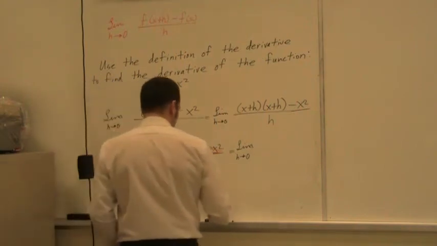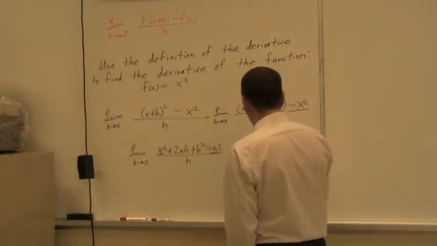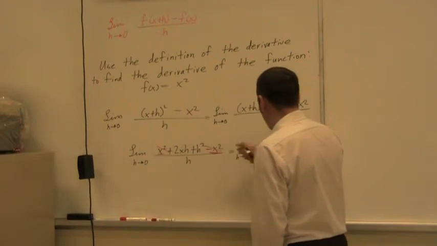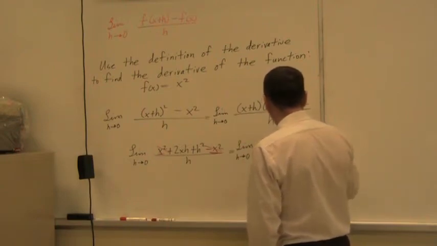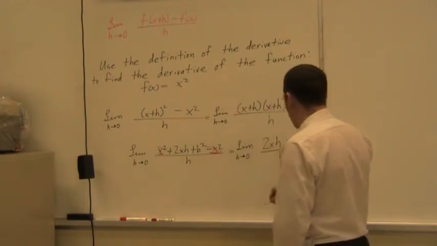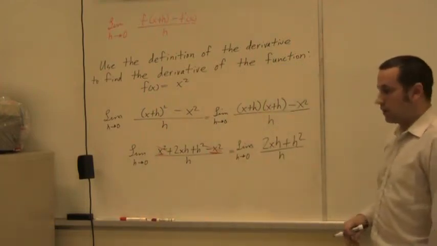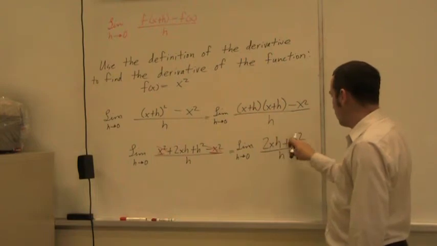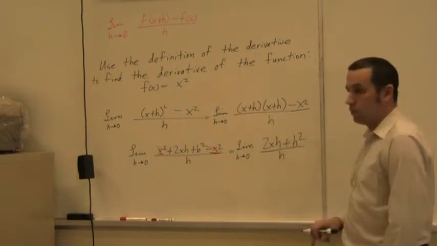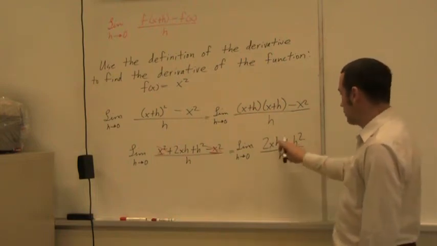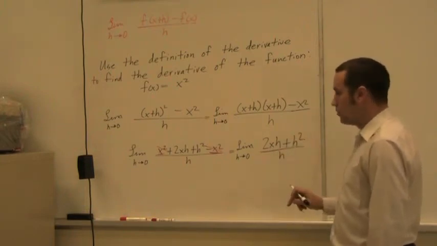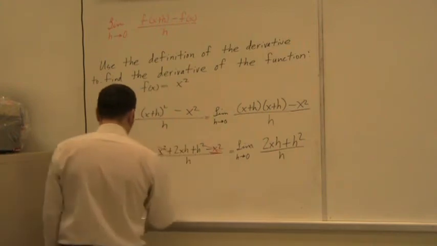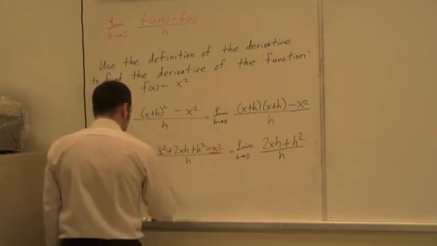So now I'm left with the limit as h goes to 0 of 2xh plus h squared, all divided by h. Now notice everything in the numerator has an h in it and is divided by h in the denominator. So this can be simplified by taking an h out of each one of the two terms in the numerator.